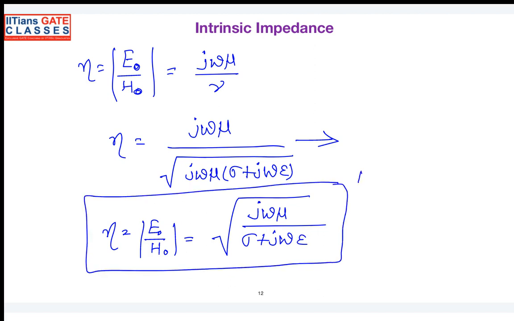So this defines the impedance of your medium. So any questions you have? Is the concept clear?